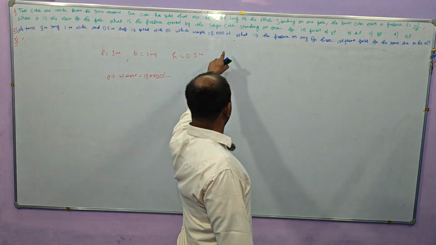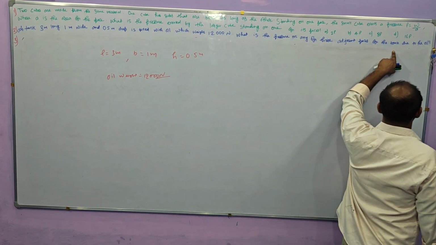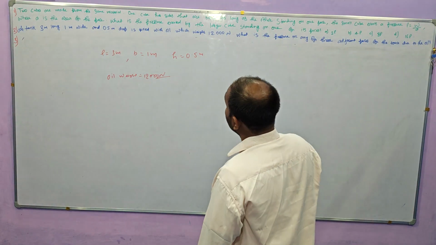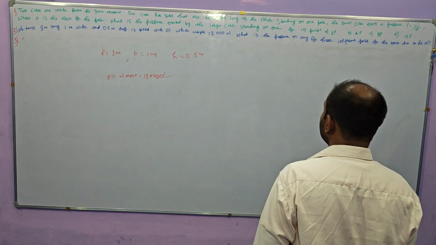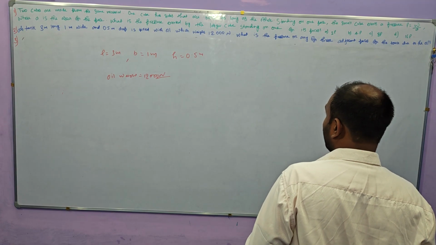What is the pressure on any three adjacent faces of tank due to wire? And tank is basically a cube type structure.